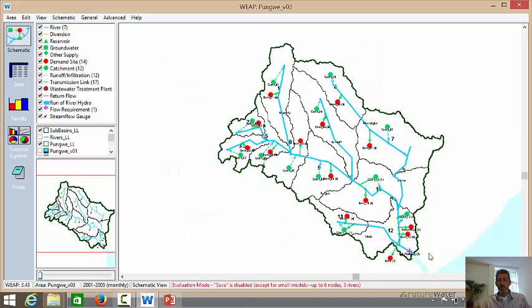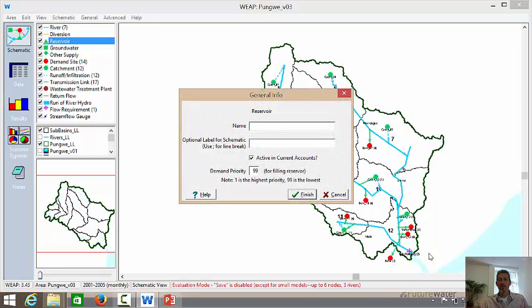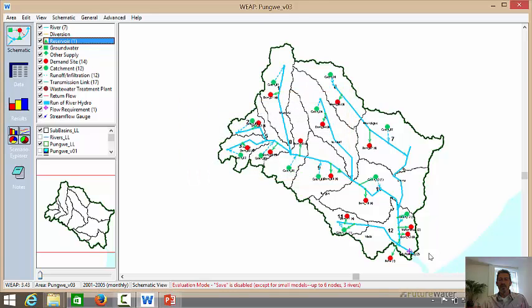Now we have to identify in this map where the reservoir might be built. So I just go here to the left screen and I'm just going to create a reservoir on the main river and I just place it somewhere here. Then WEAP is asking for the name of the reservoir and I just call it reservoir 1 and I say finish.